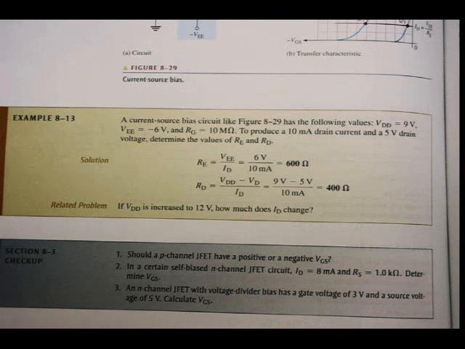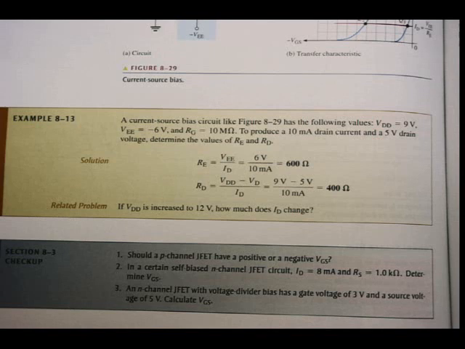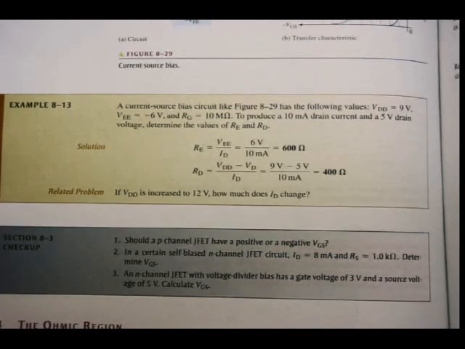Remember, we talked earlier about this value of RG, and we said we choose a large value, normally in the range of 10 megaohms. To produce a 10 milliamp drain current and a 5 volt drain voltage, determine the values for RE and RD. So just use my formulas.